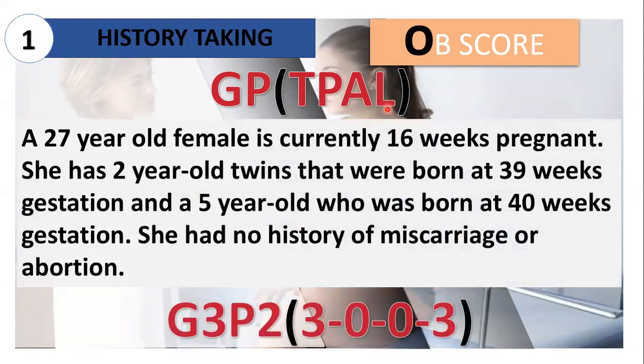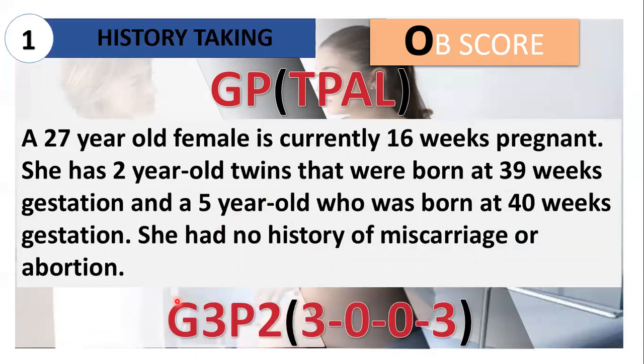So here is a case for an example. We have a 27-year-old female who is currently 16 weeks pregnant. She has 2-year-old twins that were born at 39 weeks gestation and a 5-year-old who was born at 40 weeks gestation. And she had no history of miscarriage or abortion.